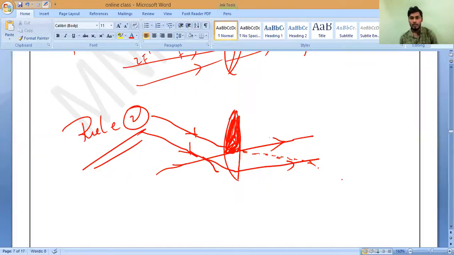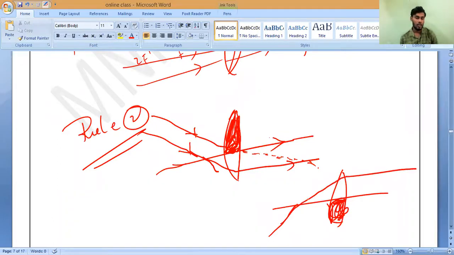Bottom part of the lens is covered with a black paper. Then also the light ray you can take like this, which is falling on the lens, which will become parallel. But by the time the object is placed at the bottom side, this case is not at all there in our textbooks. We always place the object above the principal axis, not below the principal axis.